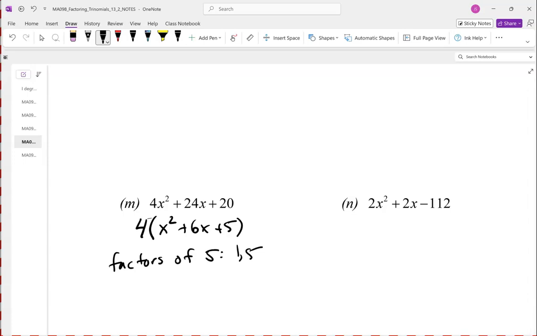The plus sign tells you what here? They're the same sign, right? It says it's positive, they'll both be positive, right? They better both be positive. So does positive 1 and positive 5 give you positive 6? Yep. So what's it going to factor as then?